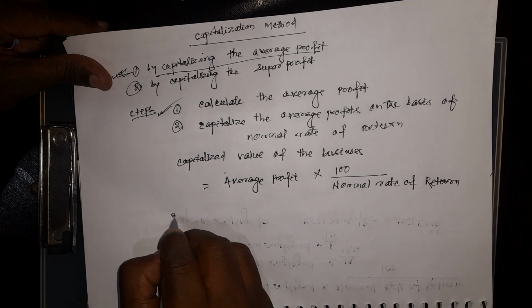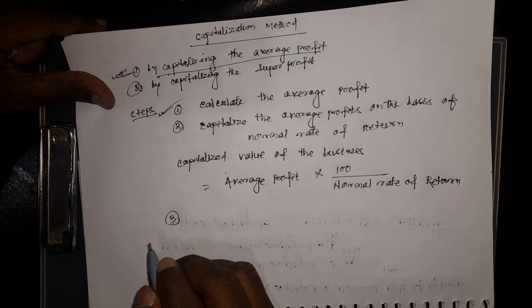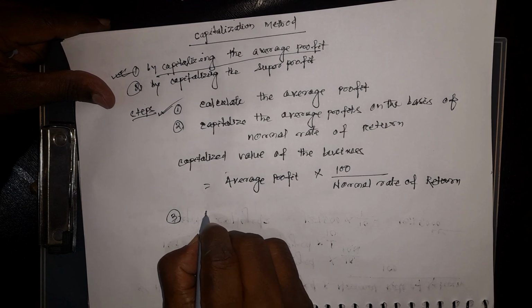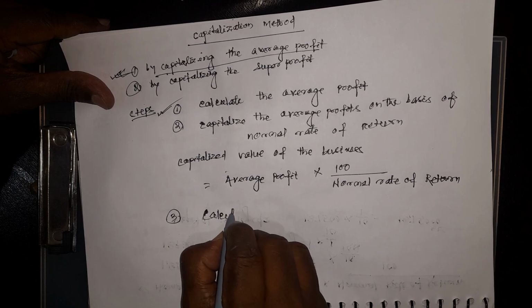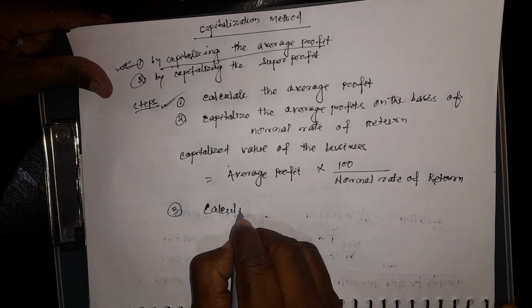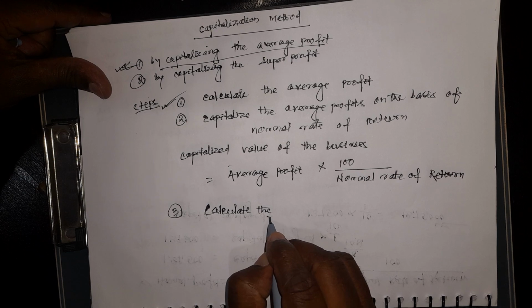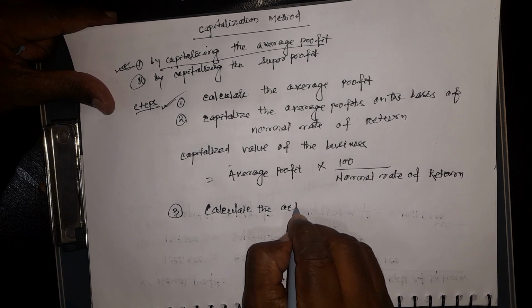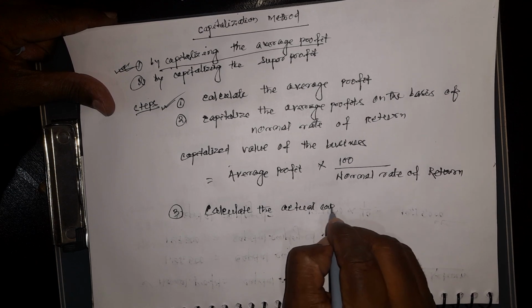Now the third step, we have to find the net assets, or calculate the actual capital of the firm.